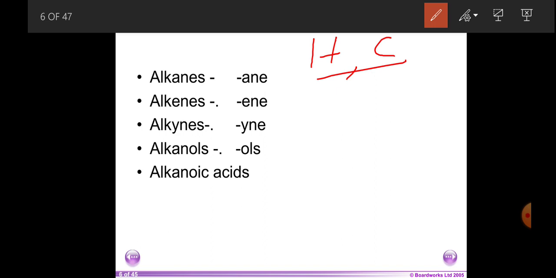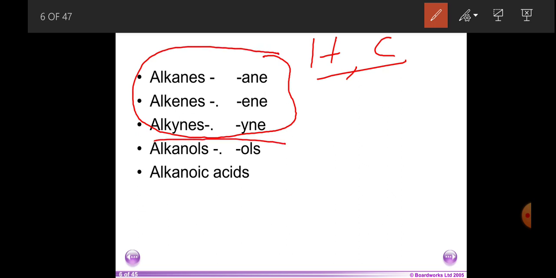We normally have 3 hydrocarbons that are studied, and 2 organic compounds. In Form 3, there are 3 of them. These are the hydrocarbons in Form 3. The remaining 2 are organic compounds, because they have oxygen bonded to them.